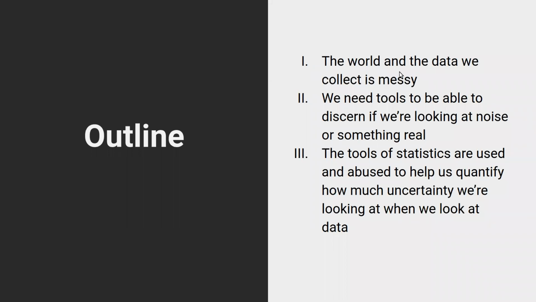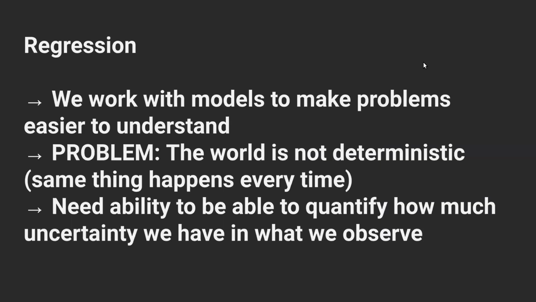So, here's our regression review. The points we want to make, I know we briefly talked about this, but we work with models to make problems about the world easier to understand. When we do this, the world is not deterministic, meaning that it's not the case that every time you start in one state, something else happens in the exact same way.